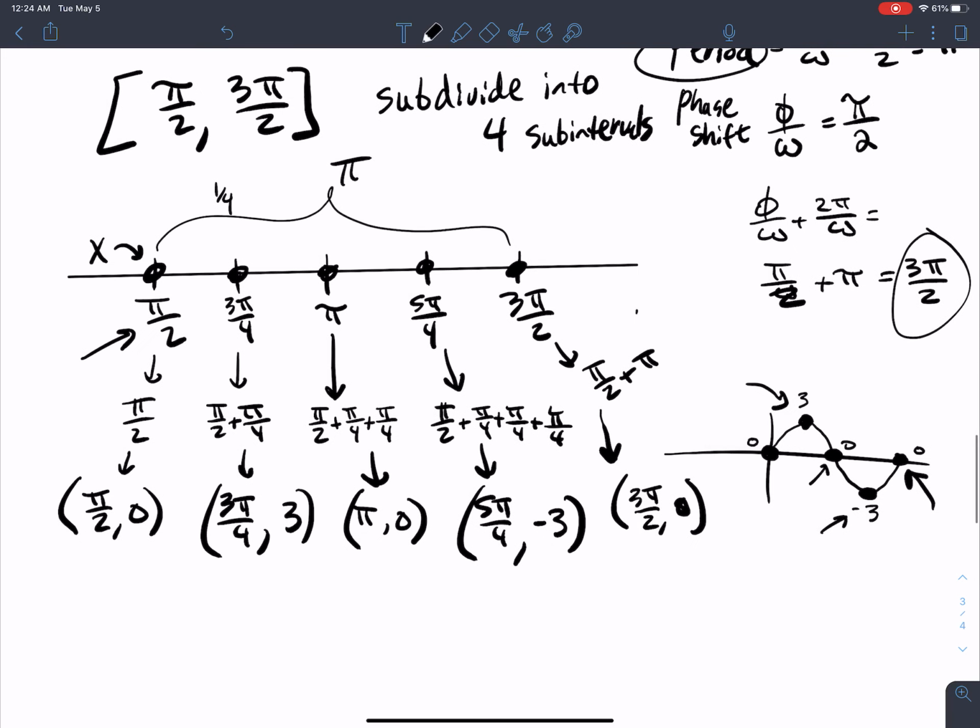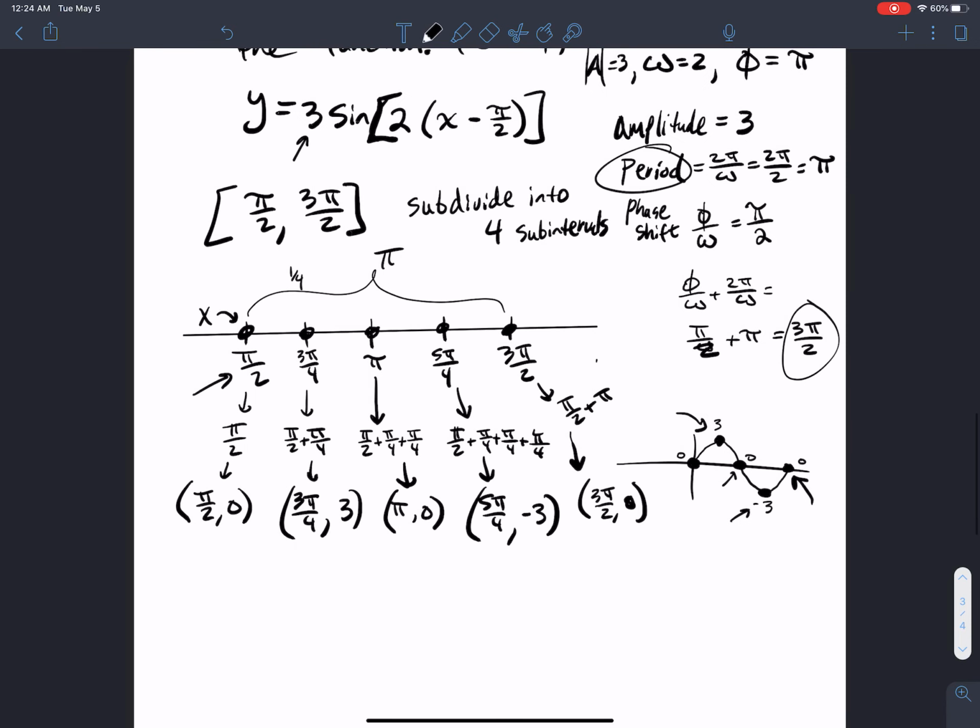Okay, so you could also get these by just simply plugging into the function. So if I took this function up here and I plugged in, I'd have 3 times the sine of 2, and then if I plug in pi over 2 for x minus pi over 2, what does that get me?